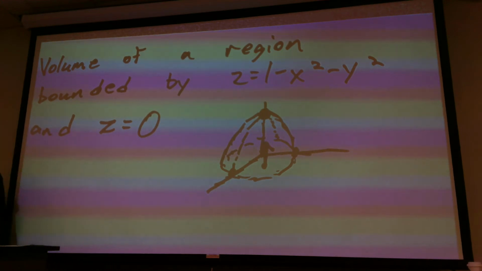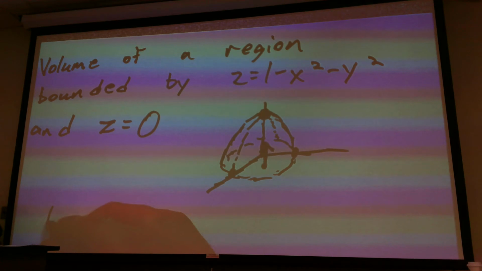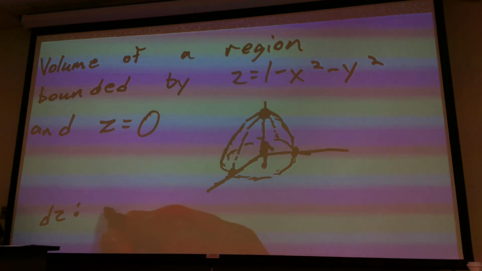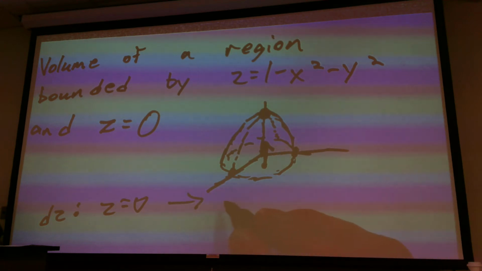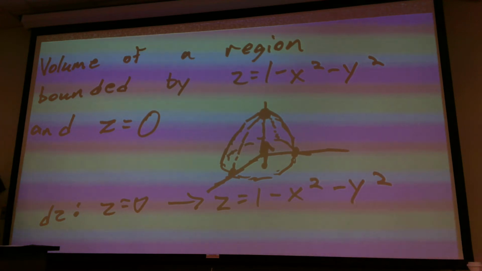Okay, so dz, for this guy, z would equal 0, and it would go up to z which equals 1 minus x squared minus y squared. So I have z as a function of x and y.